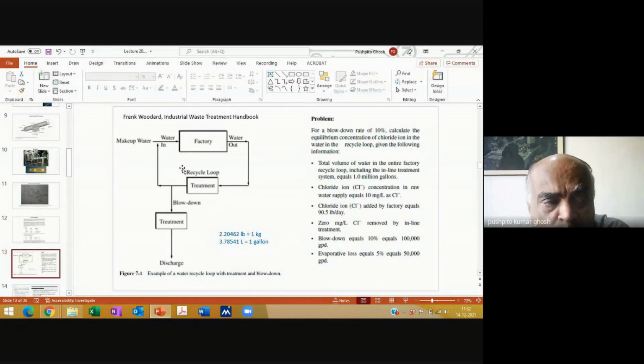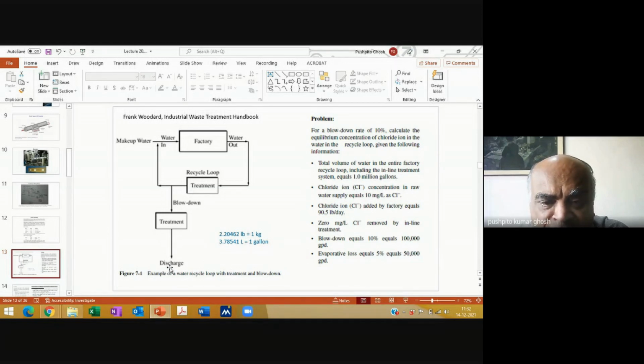Now, at that point, the smart thing to do is not to chuck away the whole thing. I might say, let me find out how much chloride is actually present after my treatment, and what is the acceptable level of chloride in my process. So I can throw away part of that wastewater which I've created.